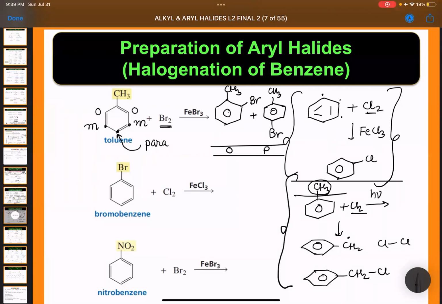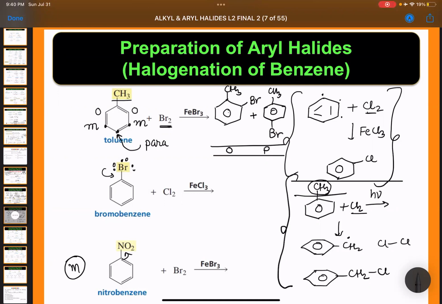Okay, so first of all, let me show you the answer to these three. So this is electron donating, and how will you know it is an electron donating group? One is, just like an alkyl group, it is electron donating. Br is also electron donating because it has lone pair, and those lone pair will get into the benzene ring by means of resonance. NO2 is electron withdrawing. So this is meta directing.